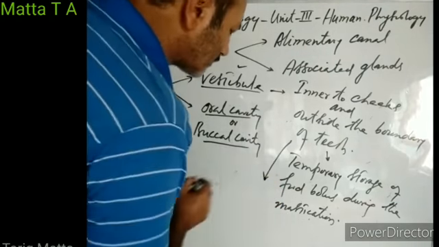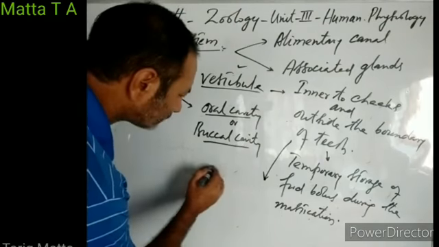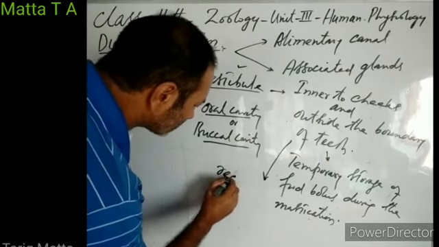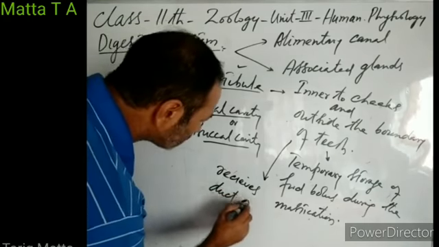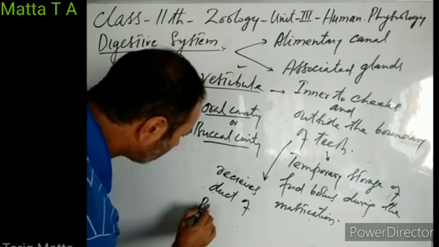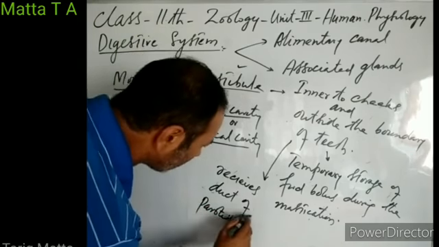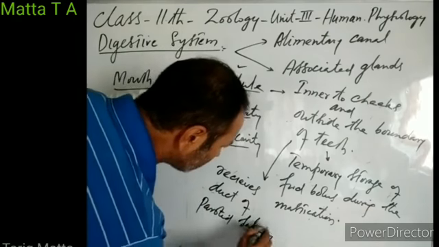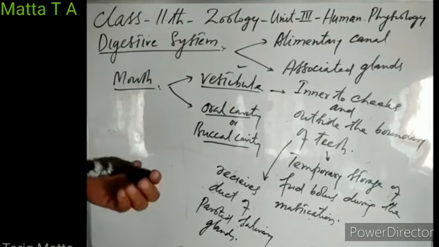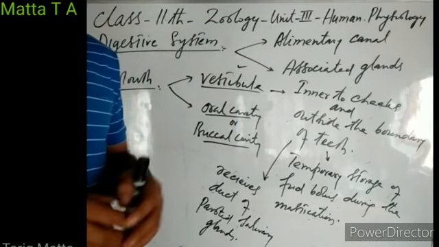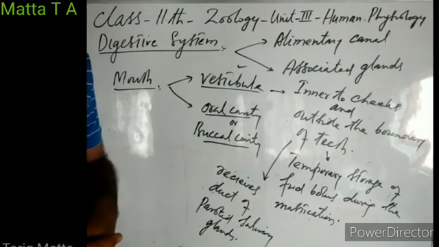The vestibular cavity also receives the ducts of parotid salivary glands. Parotid salivary glands pour saliva in this vestibular cavity.